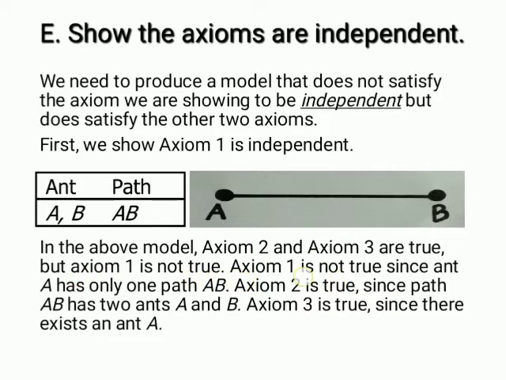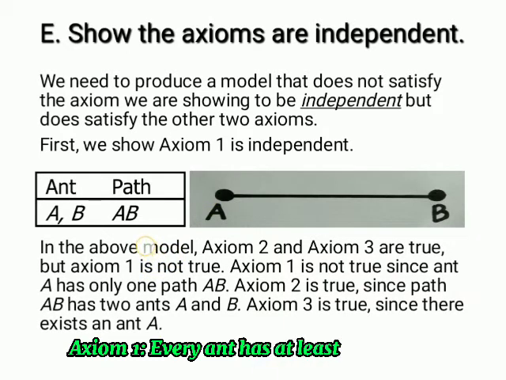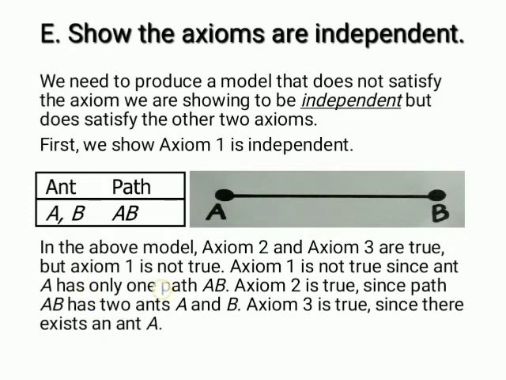So, axiom 1 is not true since ant A has only one path AB. Yan. Kasi, di ba, yung nakasaad sa axiom 1 is every ant has at least 2 paths. At least. Hindi bababa sa 2 paths. Kaso, itong nasa model natin, iisa lang yung path. That's why hindi natin na-satisfy yung axiom 1. So, axiom 1 is not true.